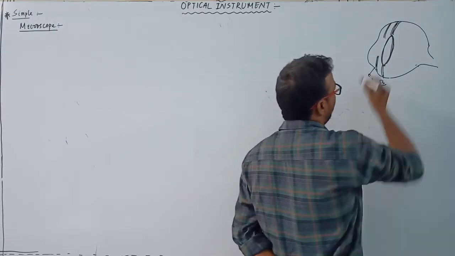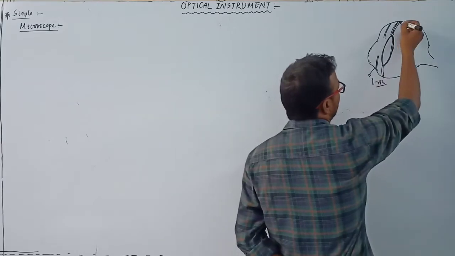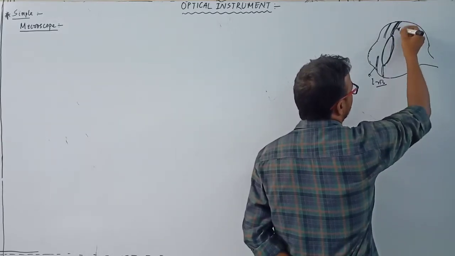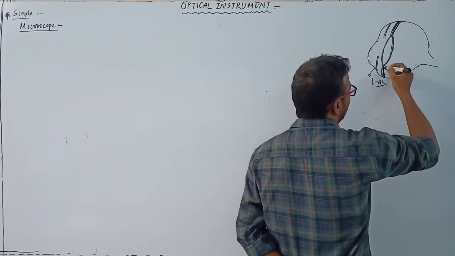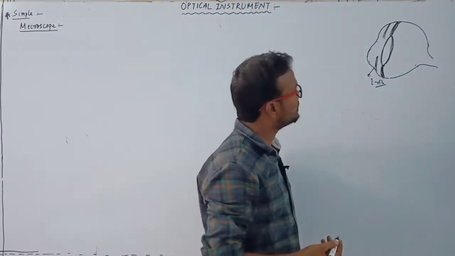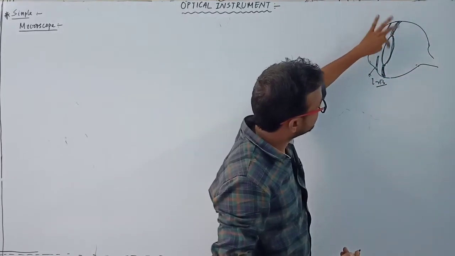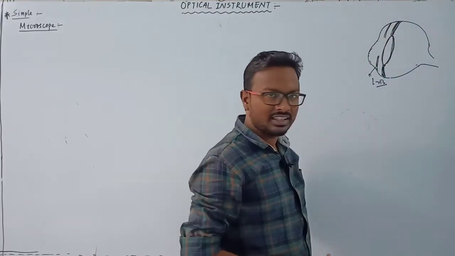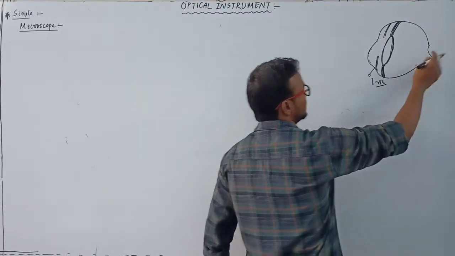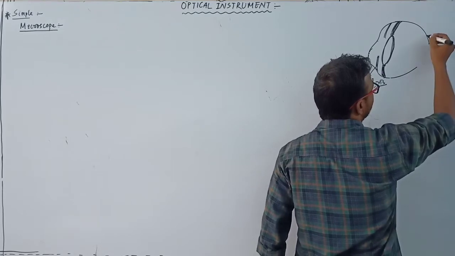Clear? And the inner layer is known as retina. Due to the compression and expansion of these ciliary muscles, we can change the focus point and the radius of curvature of this lens. That means we can change the power of this lens. So this is the lens, this is the eye like this.